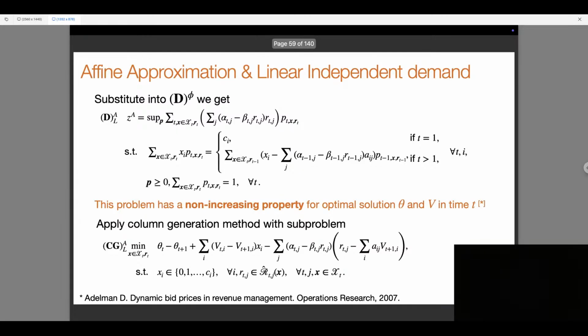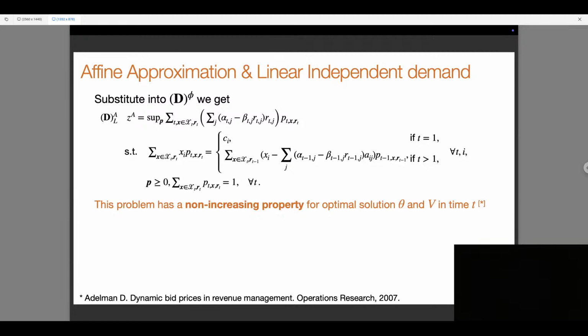And this property will help us in the later discussion.